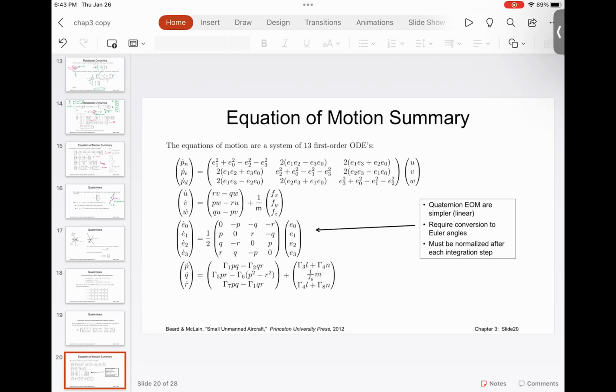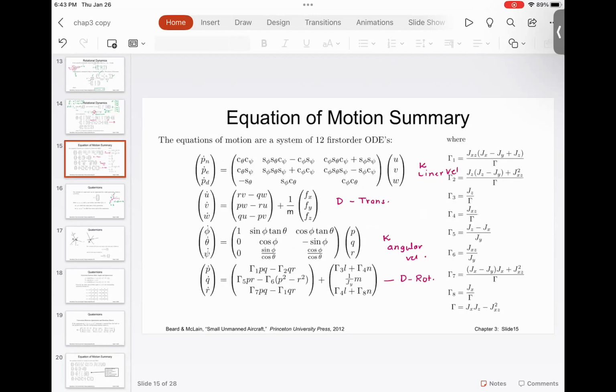So what I did, I replaced that matrix, and I will show it to you here. These are your original equations. Do you agree with me? What you see there is sine theta, cosine phi, and all those terms, which are expressed in terms of Euler angles.